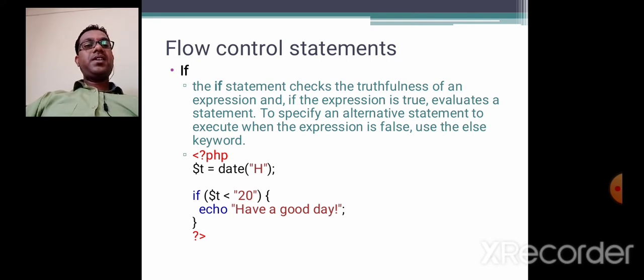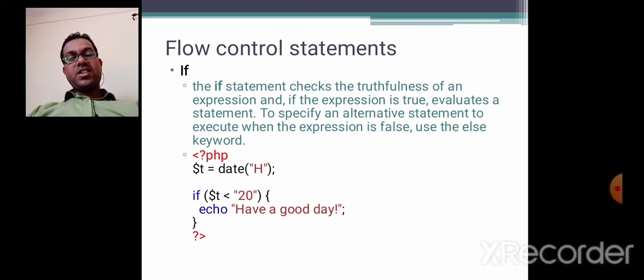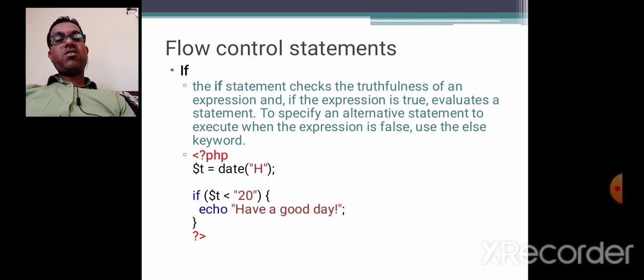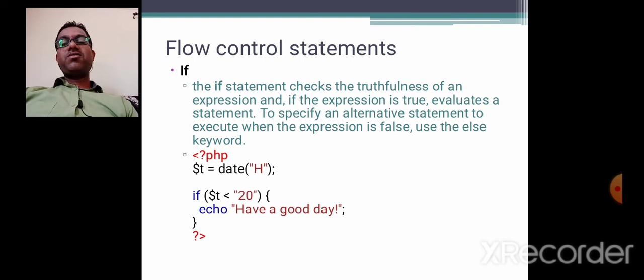To specify an alternative statement to execute when the expression is false, we use the else statement. The if statement allows you to make a decision based on one or more conditions and execute a piece of code conditionally. The syntax of the if statement is: if, in brackets an expression, and a statement after that.